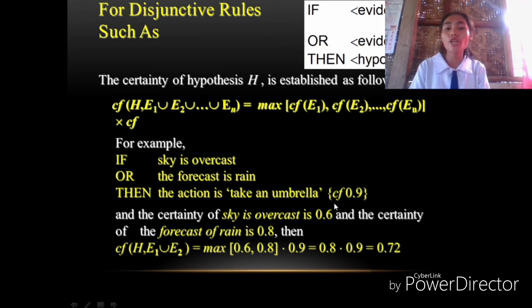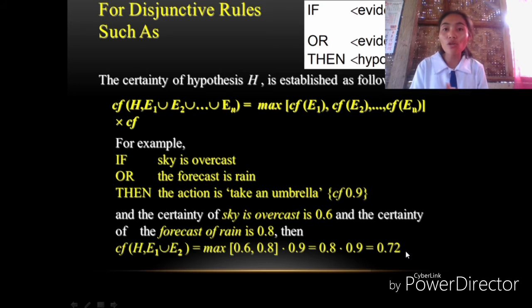The certainty factor is 0.9, the certainty of the sky is overcast is 0.6, and the certainty of the forecast of rain is 0.8. Then this is the formula: certainty factor of H given E sub 1 union E sub 2 is equal to the maximum of 0.6 and 0.8, times 0.9, which is equal to 0.8 times 0.9, which is equal to 0.72.